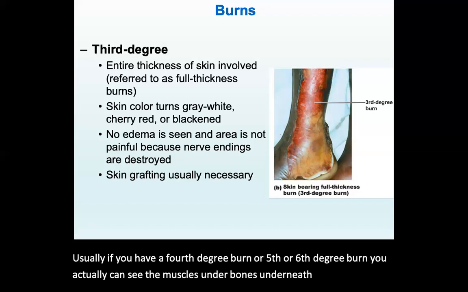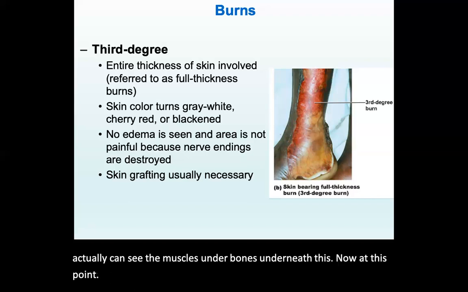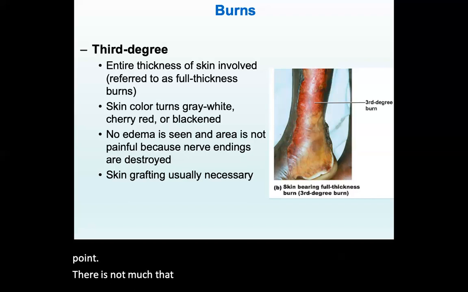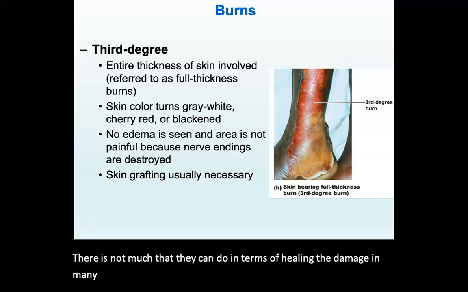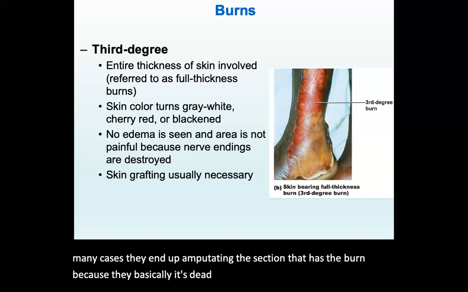Now, at this point, there is not much that they can do in terms of healing the damage. In many cases, they end up amputating the section that has the burn because it's dead tissue. They can't really do anything with it.